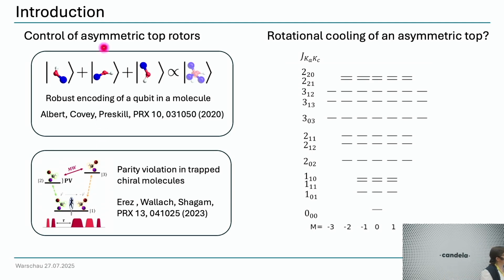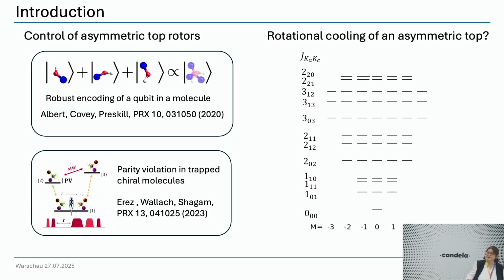So if we want to control the rotational dynamics, here is a sketch of a spectrum of an asymmetric top. And if we want to control the rather complex rotational dynamics in an asymmetric top, we need some means of cooling the rotational states, or at least to be able to deplete some thermal population from a subspace of rotational space that we are interested in.